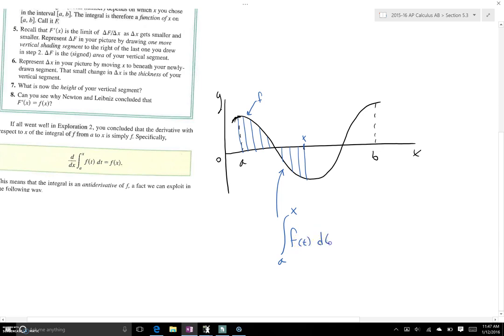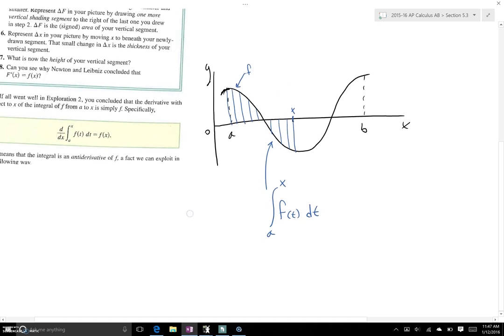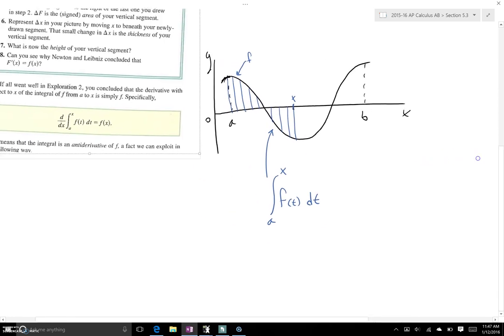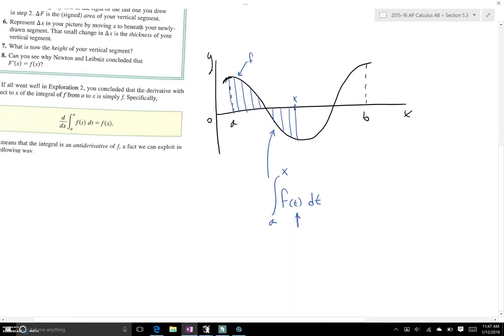Now t is used as a dummy variable, and the reason is that it wouldn't make a whole lot of sense to say that the variable x is varying from a to itself. So t is used as a dummy variable since we're already using x to signify an arbitrary place on the interval a to b.